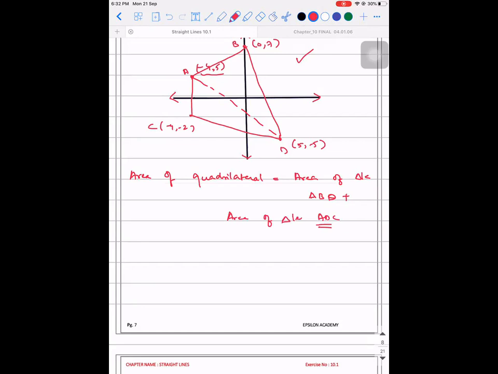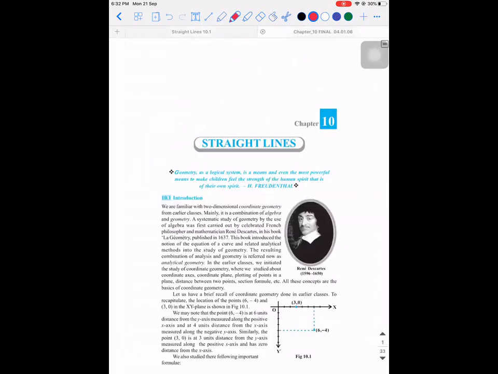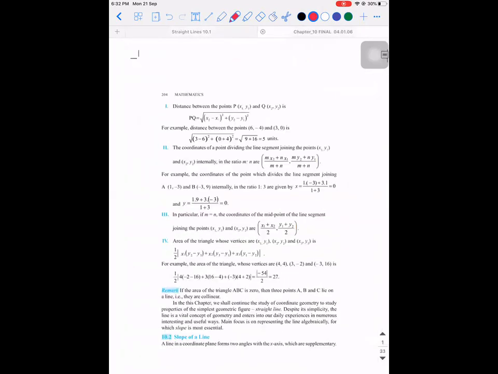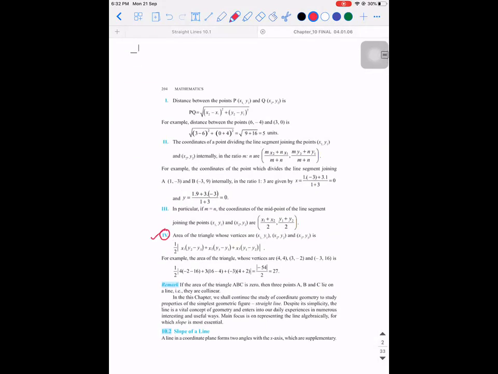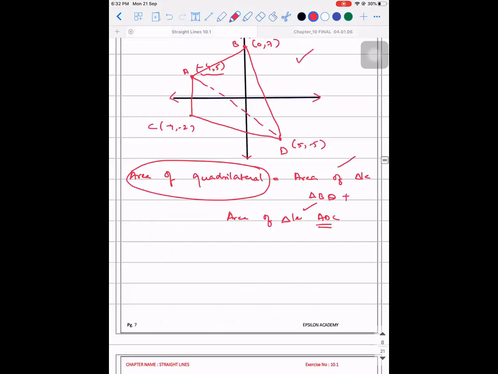So for triangle ABD, apply that formula. For triangle ADC, apply the same formula. You will get the answer, and the formula is given here. Okay. So this problem, I'm leaving it to you. You can do it. Next.